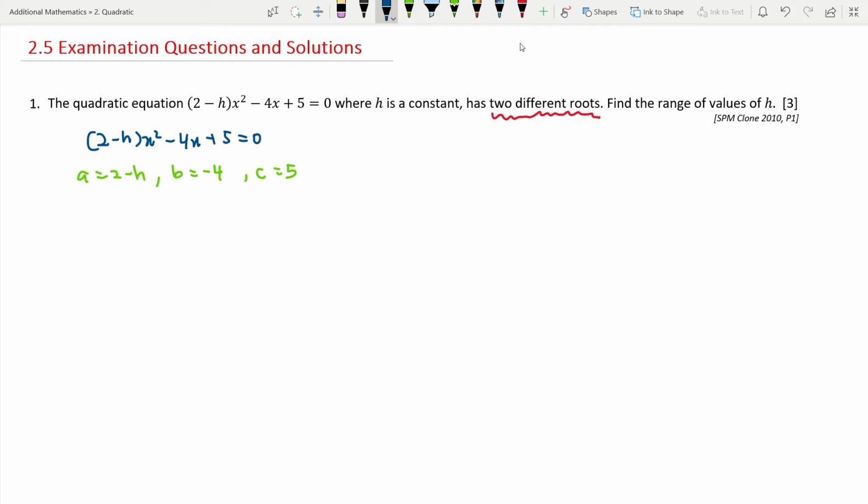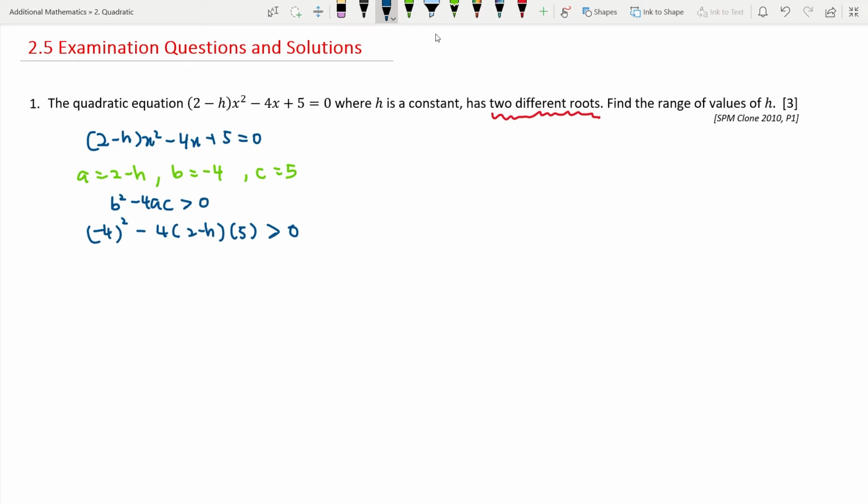Two different roots also indicates that b squared minus 4ac is greater than 0. Hence, to find the range of values of h, we substitute the values of a, b, and c into the discriminant. Negative 4 squared minus 4 times (2 minus h) times 5 is greater than 0.